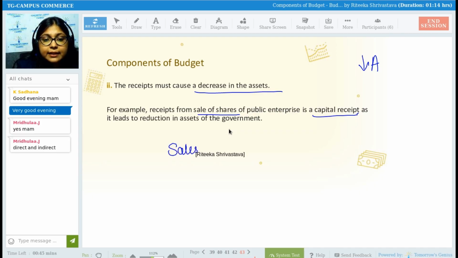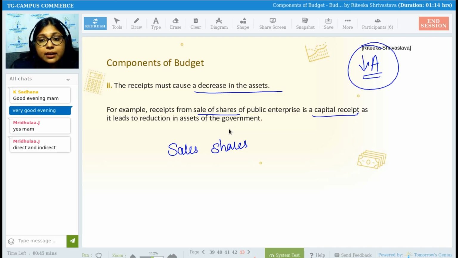Of course, when the government sells its shares, it becomes a capital receipt. Although income is coming, shares are an asset, so when the government is selling the shares, it is receiving income but reducing its assets.